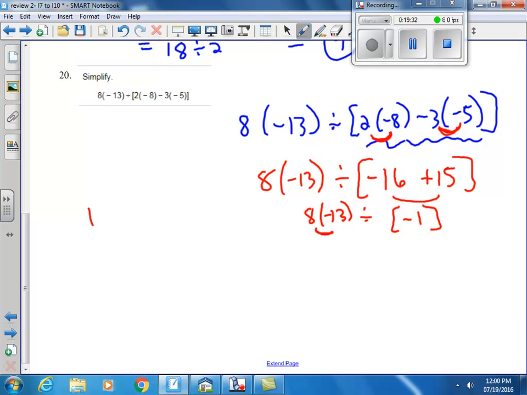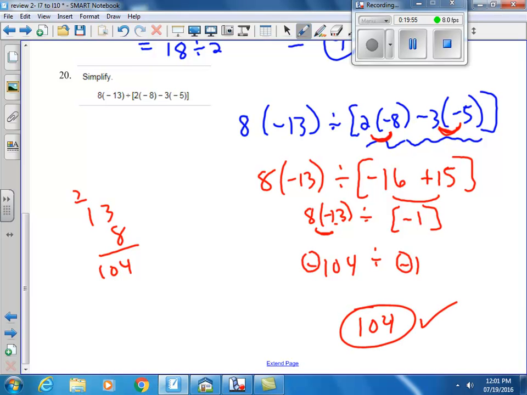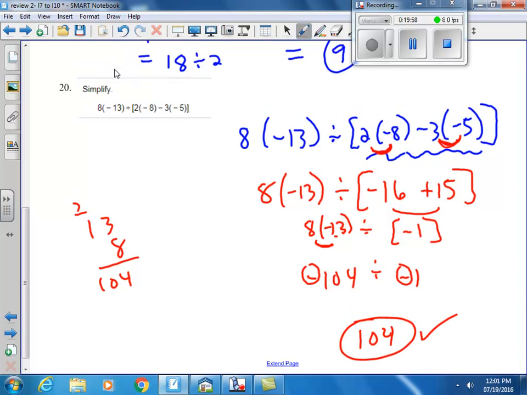So I would just go off on the side and say, okay, what's 13 times 8? 104, but it's got to be negative 104, right? Positive times a negative is a negative. And then in the end, a negative divided by a negative is a positive. And 104 divided by 1 is itself, so you're going to arrive at 104.